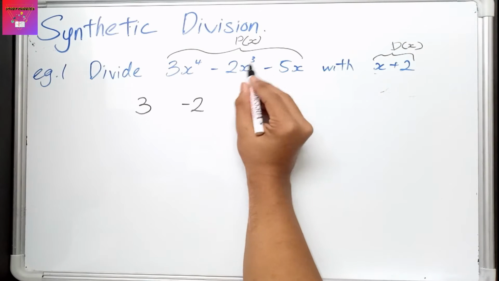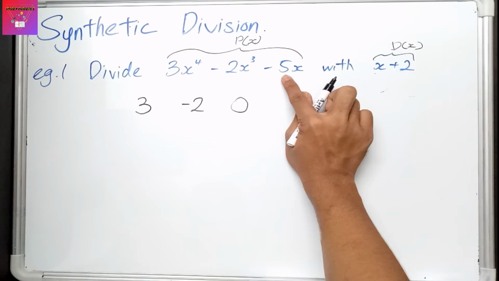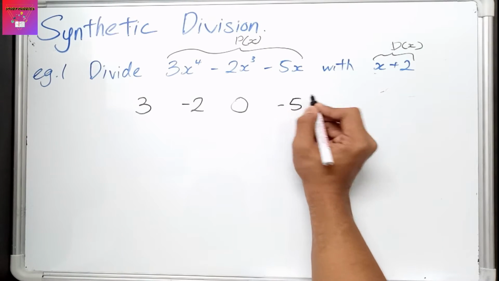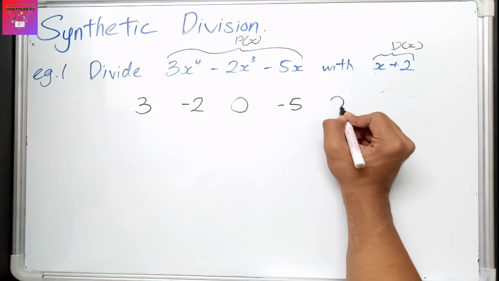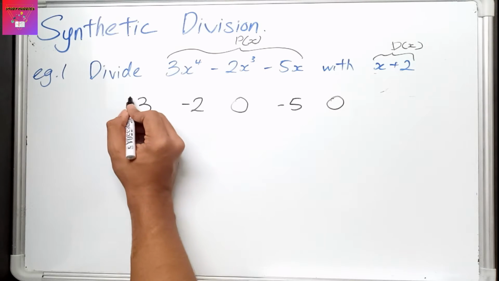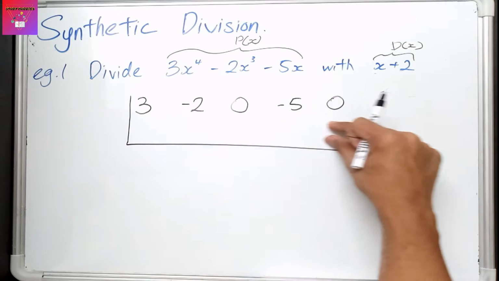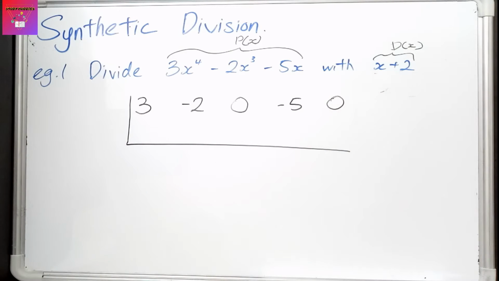For power of 2 we don't have any number here, so I'm just going to write 0. For power of 1 we have negative 5, and for x to the power of 0 we have no number, so we're going to write 0. After you've done this, you have to draw something like this. Leave some space below here because you're going to fill this area with some numbers.